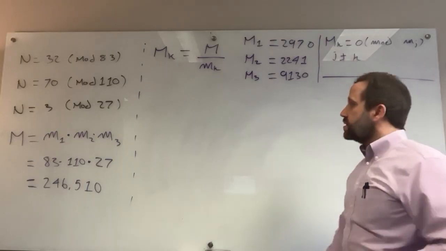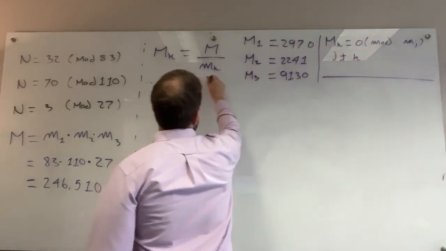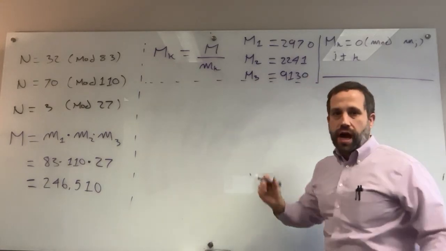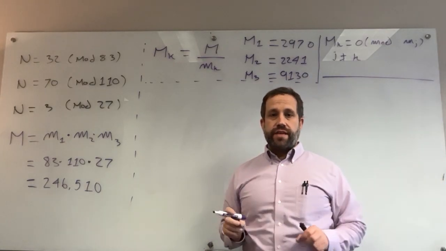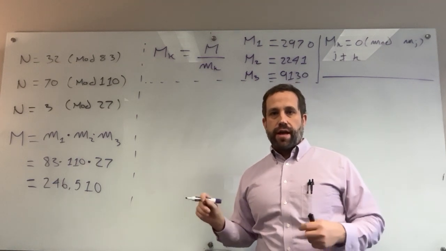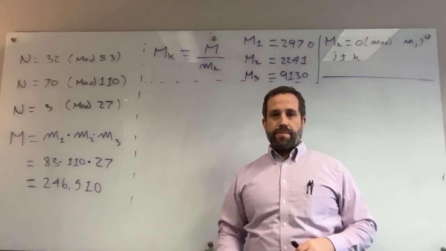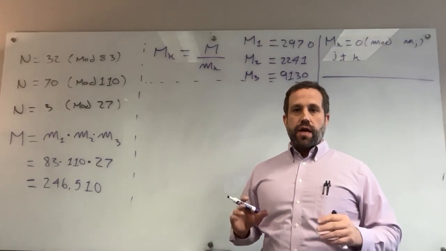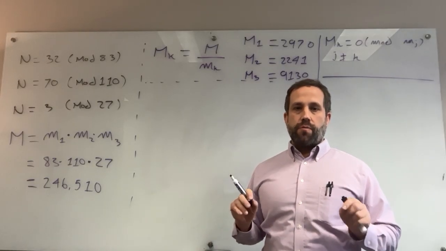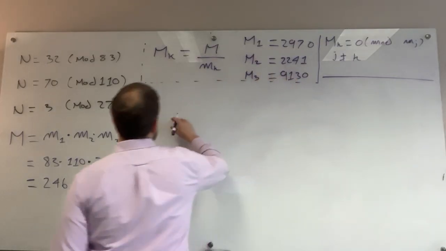What we're going to do next, I want to look at each one of these big M's and reduce them modulo little m. So I want to reduce big M1 modulo little m1. In other words, I want the remainder, not just something that's congruent to big M1, but the smallest congruent value. I'm going to define these in the following way.